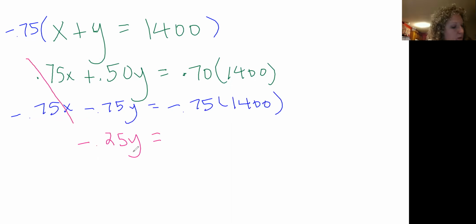And then 0.7 times 1400 is 980. And 0.75 times 1400 is negative 1050.